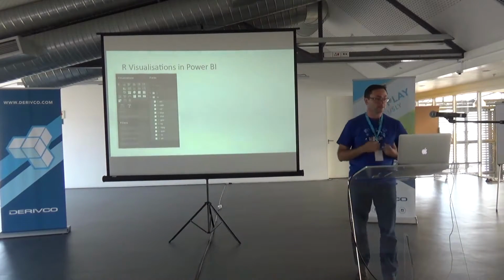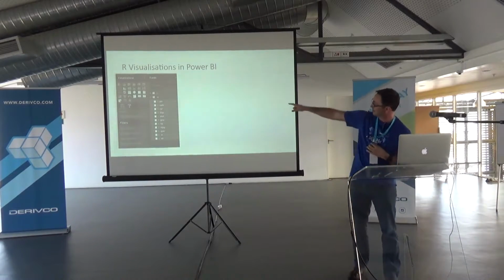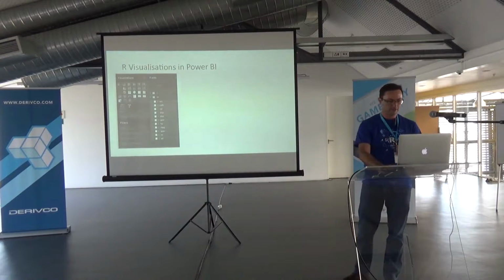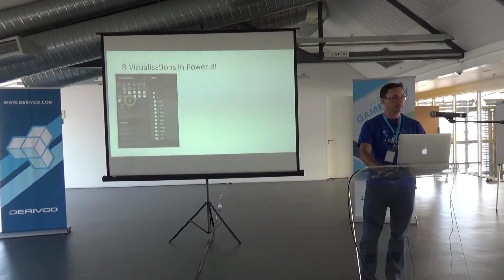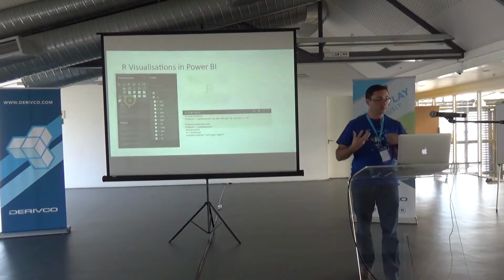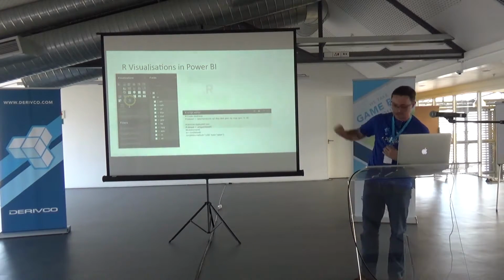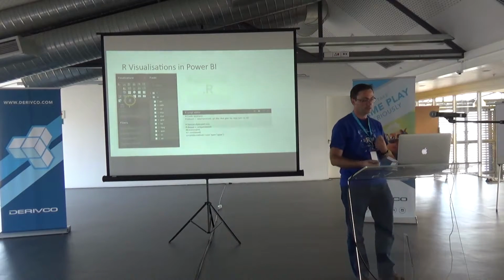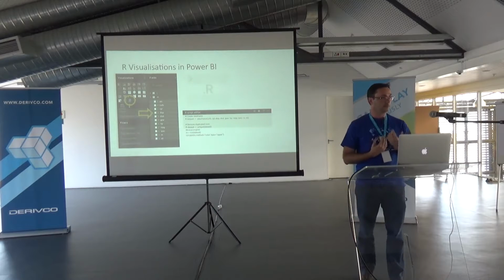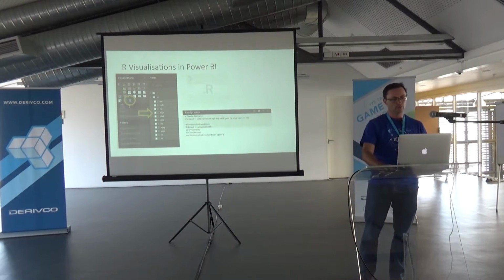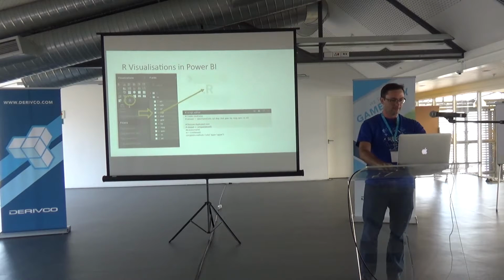The next portion is obviously the visualization side. In order to bring in a visualization, you can see the list of visualizations Microsoft has there. We've also got the R button. When you select the R visual, you're presented with two components. The first component is the visualization itself, and the second is the R script. You begin selecting the different data elements that you want to bring. You can either drag them onto that pane, or you can just tick the little boxes.